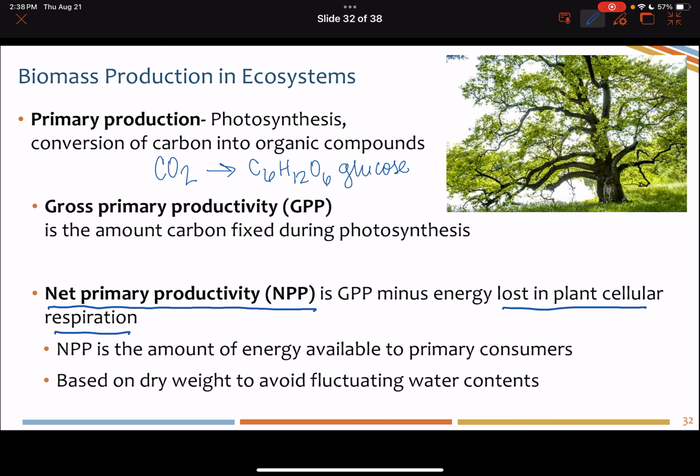So net primary productivity is essentially the amount of energy that is available for the food web or the food chain. And this is going to be based on the dry weight of an organism, just to avoid fluctuating water contents, because some organisms contain more water, and water is not glucose or energy.